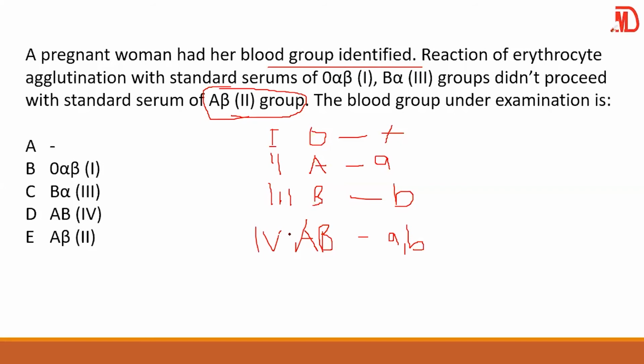So now we're looking at A, B, C. What is the blood group of this patient? They are saying that blood group O and blood group B did not undergo agglutination with blood group B.